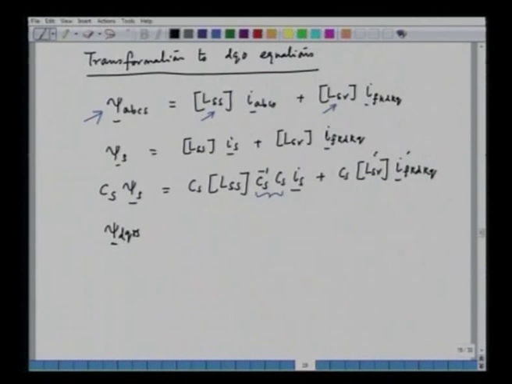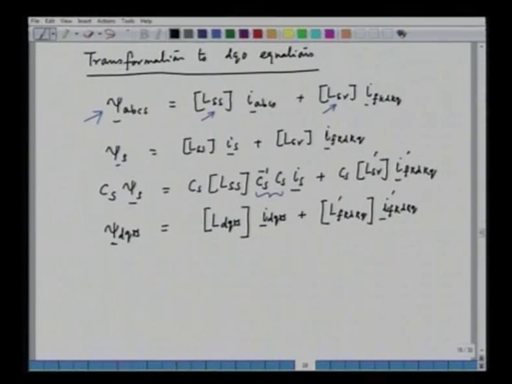This will be the d axis, q axis and the zero sequence component flux of the stator, and this will be L dqos, the inductance of the stator in the dqo frame, and then we have Cs into Is, we have I dqos, this will be Ids, Iqs and Ios, plus we can have this as L f kd kq prime into I f kd kq prime.